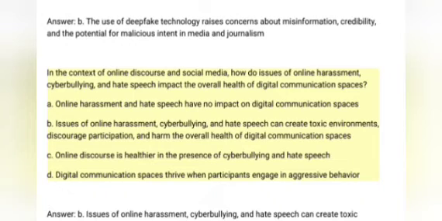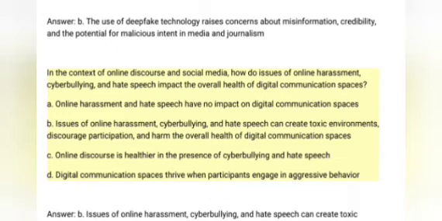and journalism. In the context of online discourse and social media, how do issues of online harassment, cyberbullying, and hate speech impact the overall health of digital communication spaces? A. Online harassment and hate speech have no impact on digital communication spaces. B. Issues of online harassment, cyberbullying, and hate speech can create toxic environments, discourage participation, and harm the overall health of digital communication spaces.